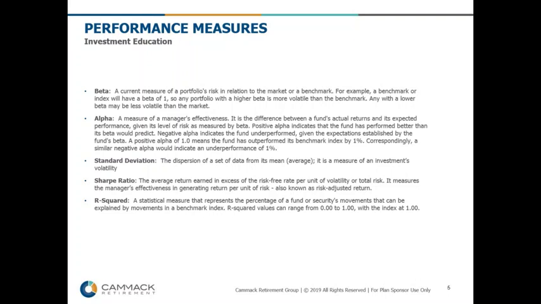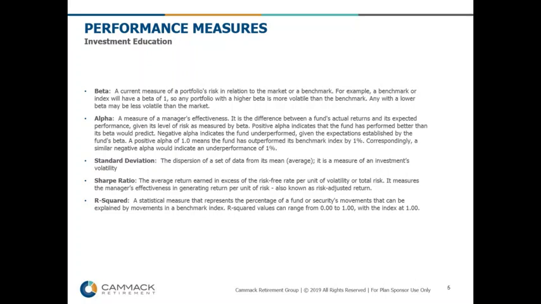An actively managed blend fund that has a beta of 1.3 is expected to perform better or worse, depending on the scenario. So if the benchmark is up 10%, the expectation is a fund with a beta of 1.3 should be up 13%. And conversely, with a low beta, if the benchmark is down 10% and the beta is 0.8, the expectation is you'd be down only 8%.